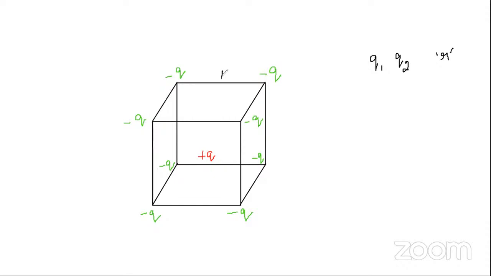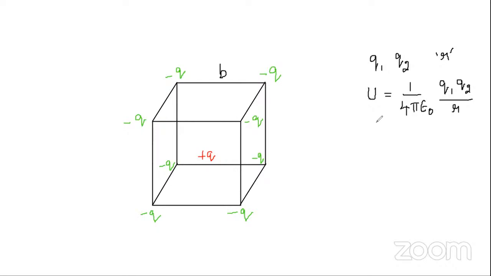The side of the cube here is B, as it has been given in the question. This is B. Now, if you have an assembly of 2 point charges separated by a distance r, then the electrostatic potential energy is given by U equal to 1 by 4 pi epsilon 0 Q1 Q2 divided by R. This is the equation for potential energy in general.